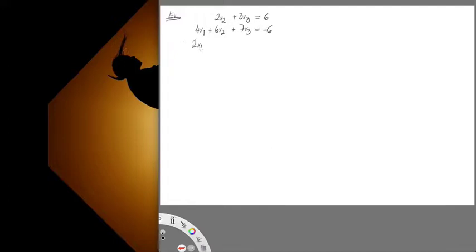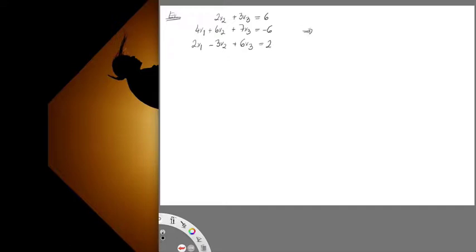And 2x1 minus 3x2 plus 6x3 is equal to 2. If I were to start Gaussian elimination, we would create an augmented matrix.